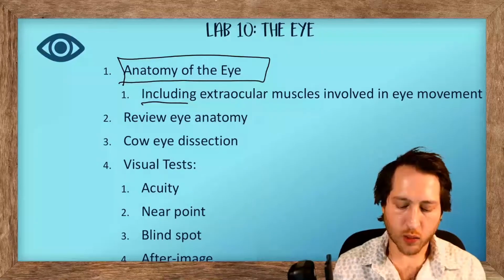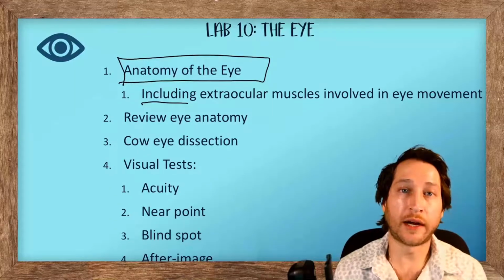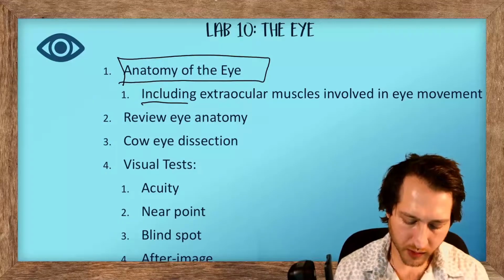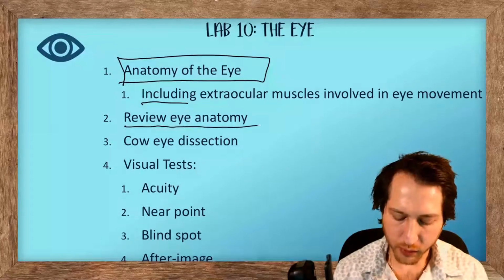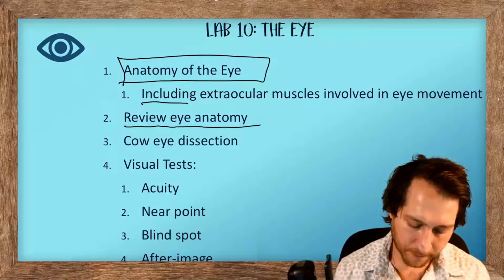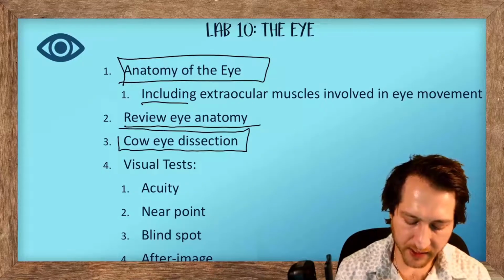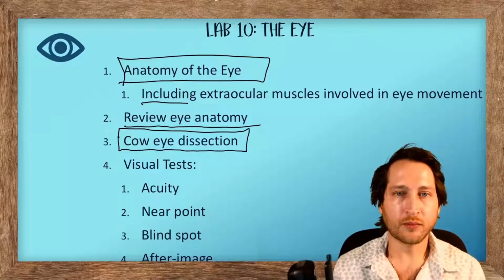And then you're definitely going to want to include the extraocular muscles in that, as well as the lacrimal apparatus. There's going to be a portion that's going to be reviewing or testing yourself on the eye anatomy, and then a dissection activity, whether that's in person or virtual.